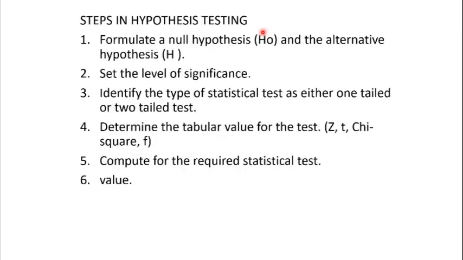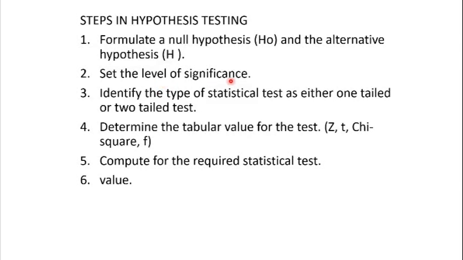And then for the steps natin for the hypothesis testing, first is kailangan natin mag-formulate ng null hypothesis and the alternative hypothesis natin. So we need to determine yung non-significant difference at saka yung significant difference sa pag-identify ng null hypothesis at alternative hypothesis. And then next is kailangan natin na mag-set ng significant difference.